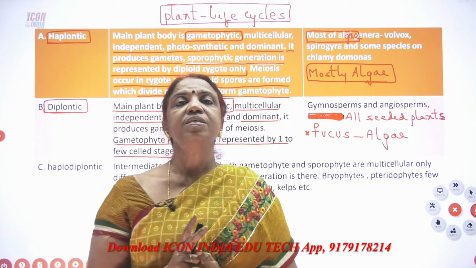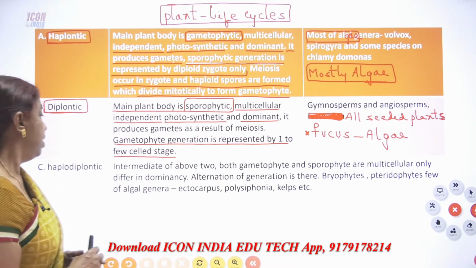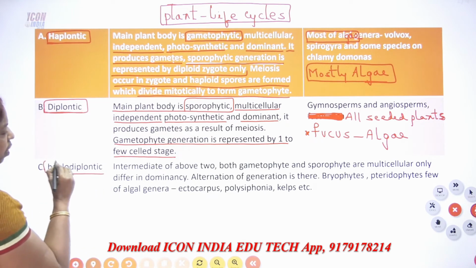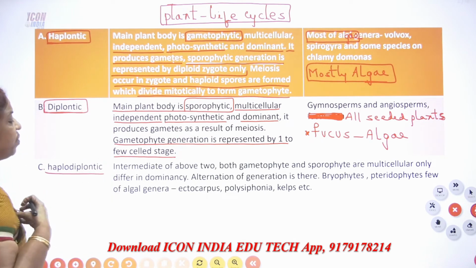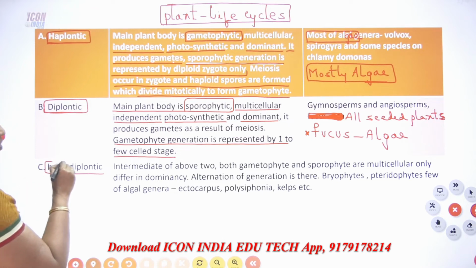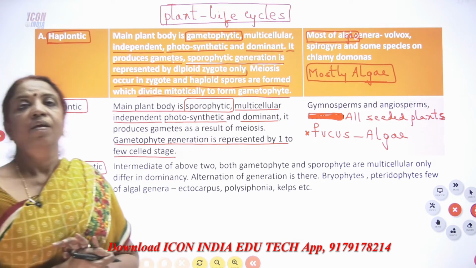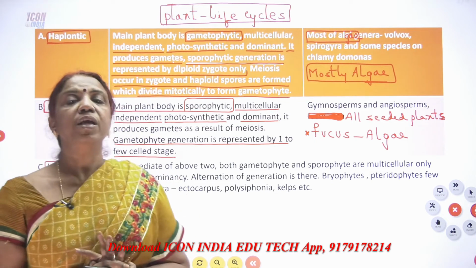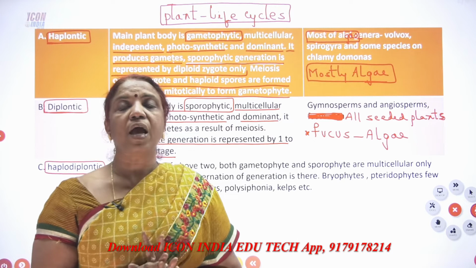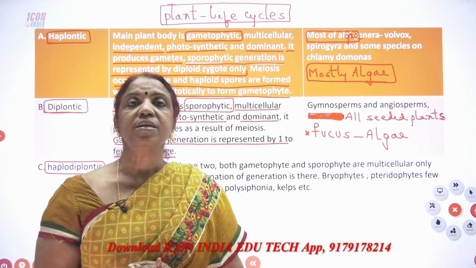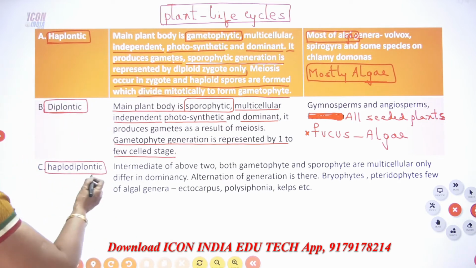The next one is haplodiplontic. Haplodiplontic means an intermediate of the two. The haploid gametophytic stage alternates with the diploid stage.